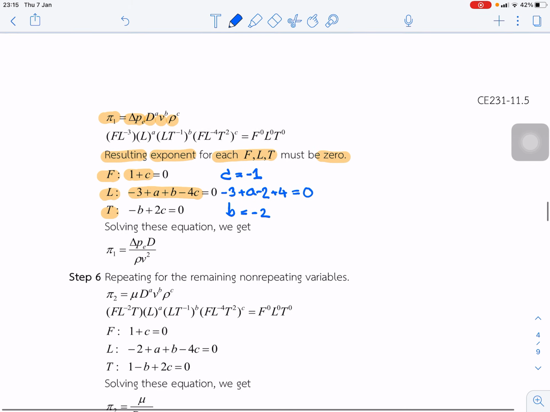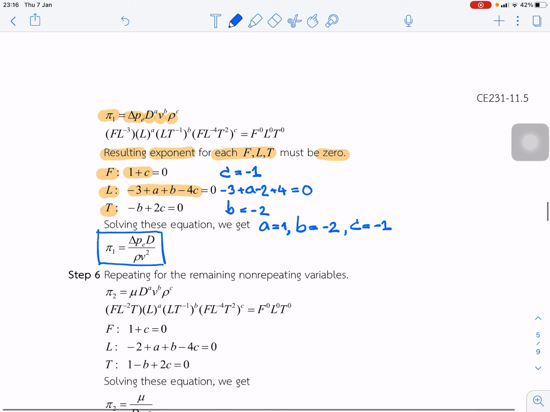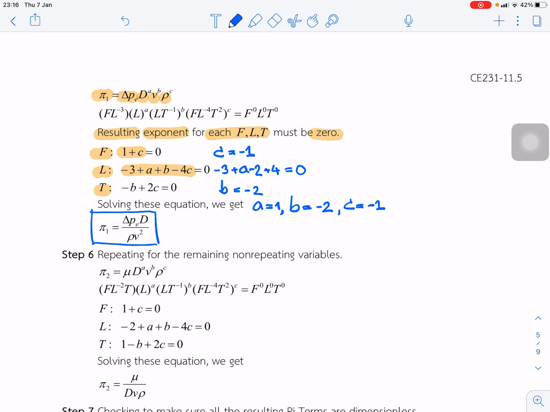So we can solve the equations to come up with a equal to 1. A is the power of D, b is minus 2, the power of V, and c is minus 1, the power of rho. So we got this first pi term. We can prove later that this term is a dimensionless parameter.